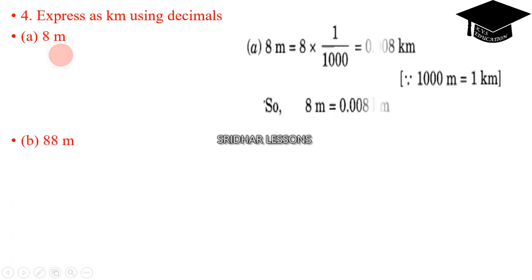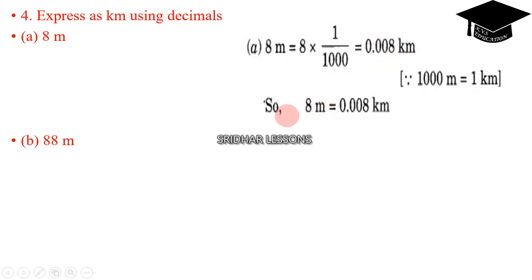Fourth one, express as kilometers using decimals. 8 meters. 8 into 1 by 1000. Tell me why? Because 1000 meters is equal to 1 kilometer. So we can write this as 0.008 kilometers.